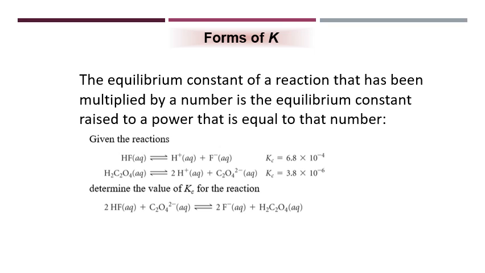Each one of those individual reactions has a Kc value that is associated with it. However, when you notice for the overall reaction, we have 2HF plus C2O4 2 minus forms 2F minus plus the H2C2O4. Hopefully you notice that for this reaction to occur, I have a coefficient of 2 for the HF, whereas in my first reaction, I only have 1 for its coefficient.